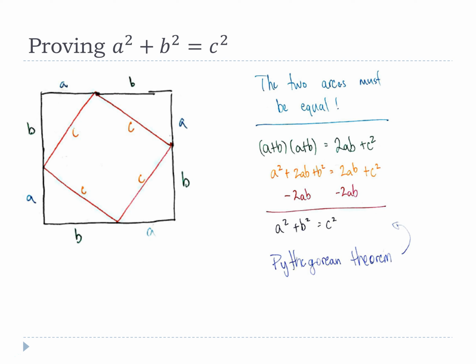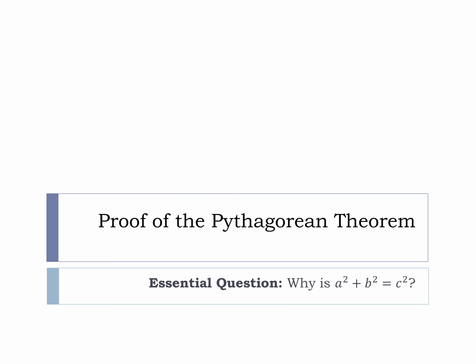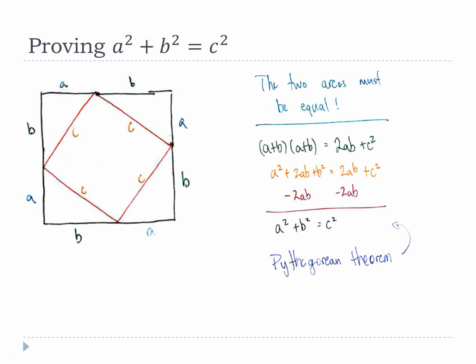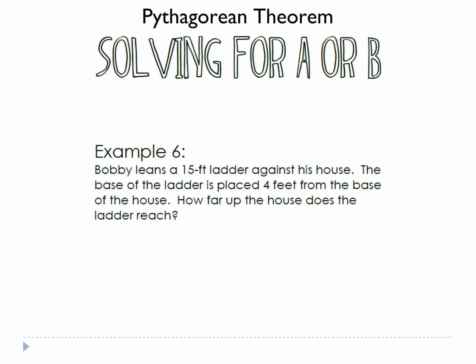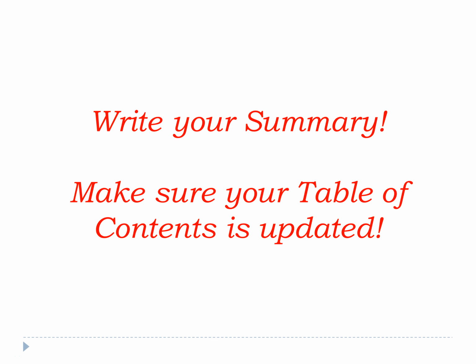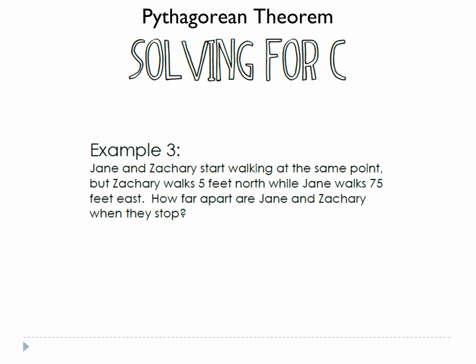Our essential question, as I move back to the beginning, was why is a squared plus b squared equal to c squared? Well, a squared plus b squared is equal to c squared because they are just two different ways of expressing the area of the exact same square. Booyah. The rest of this I'm going to flip through quickly; it's something we'll be doing in class. Thank you to the person on Pinterest that put that together.